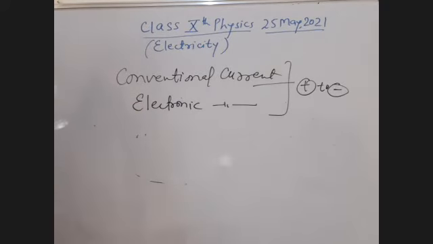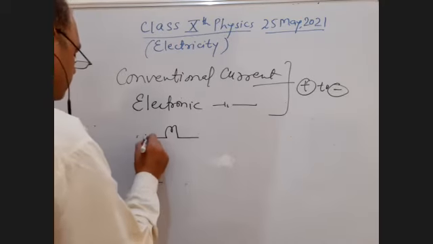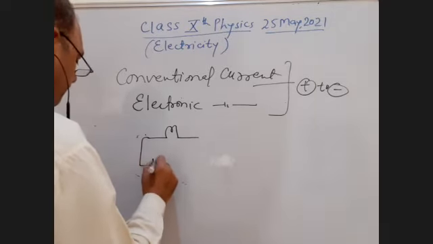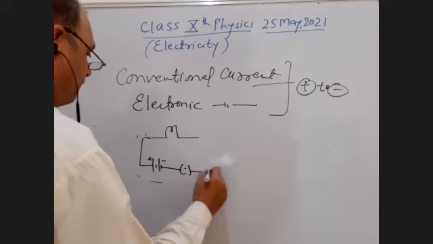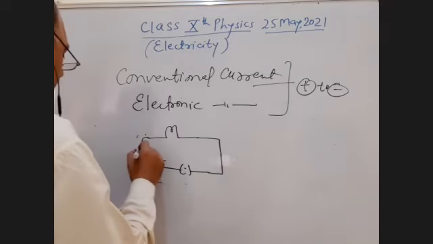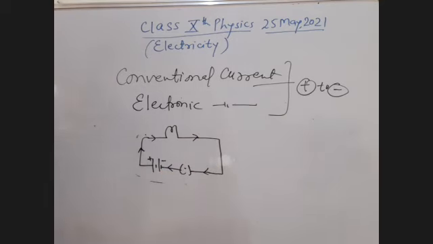Whenever we are making an electric circuit, quickly I'll make one electric circuit, students. Say this is an electric circuit, I have made it. Is it clear, students? Now, this is the positive terminal, this is the negative terminal.